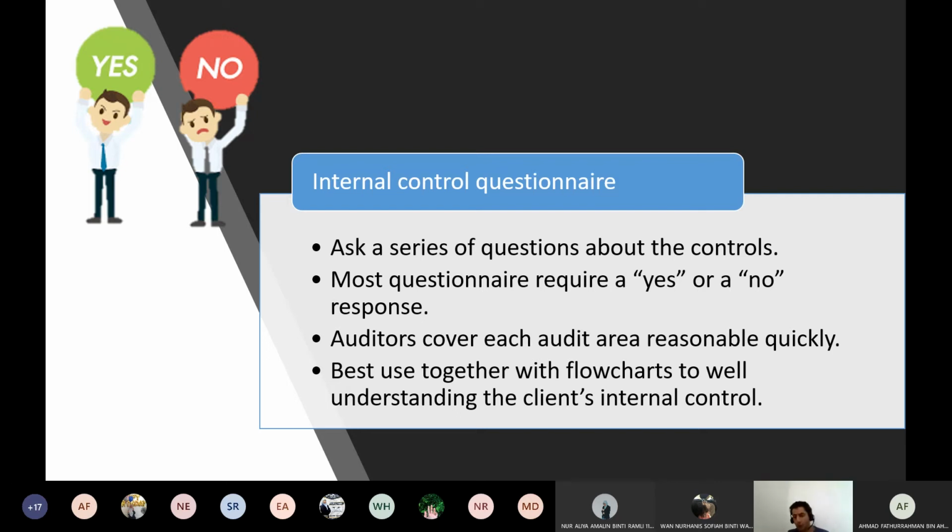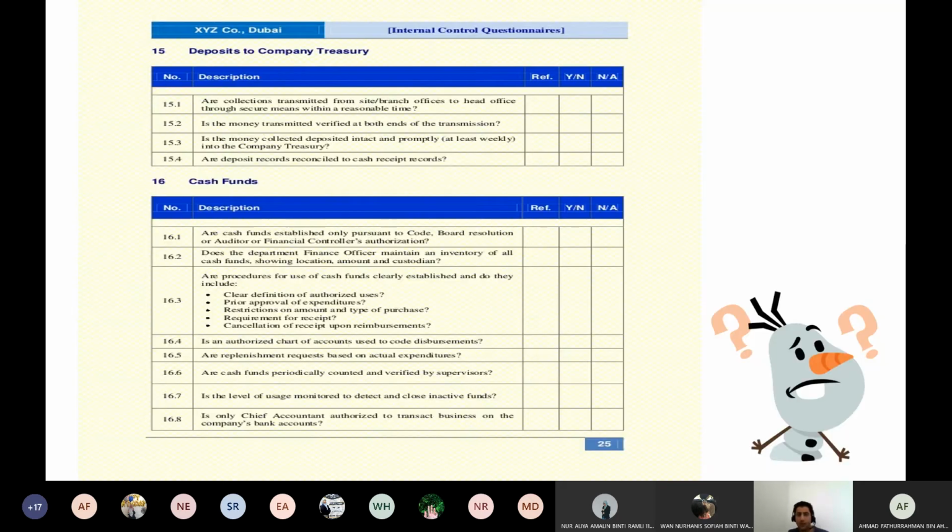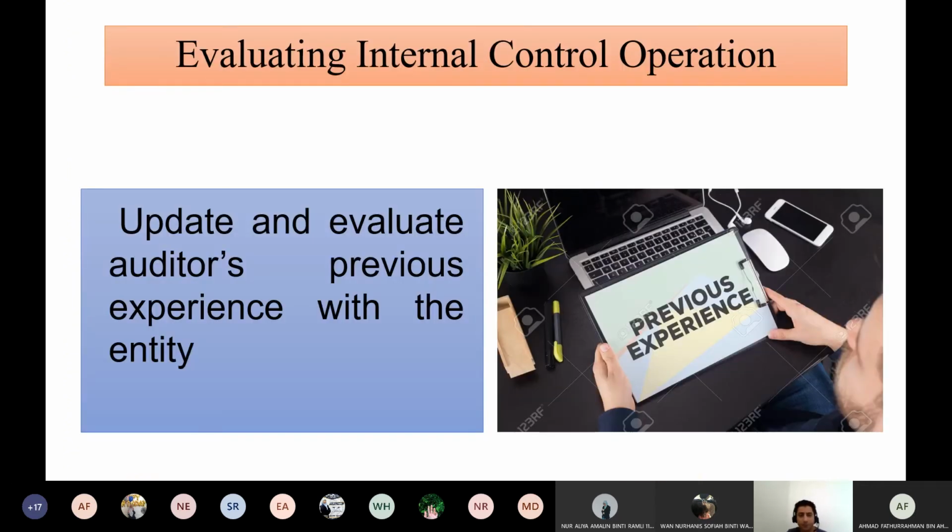So this is another method to collect information and obtain an understanding of internal control. This is an example of a questionnaire about deposits to the company treasury and also cash funds.